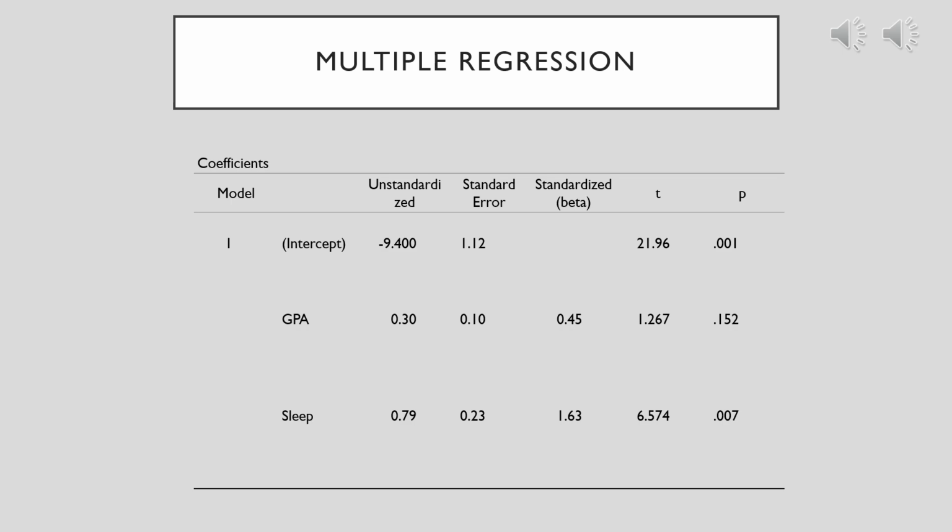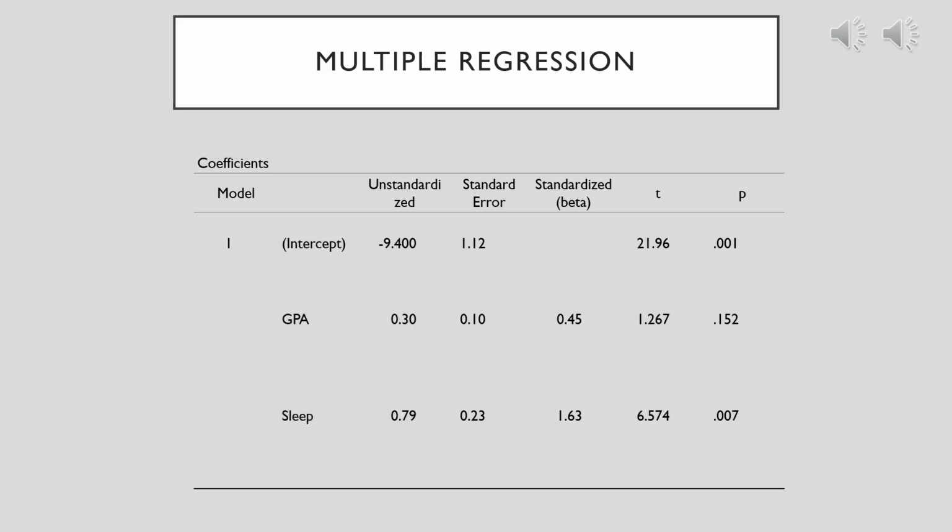That is less than 0.05. And so we would say that sleep, when controlling for GPA, or independently of GPA, is a significant predictor of happiness.